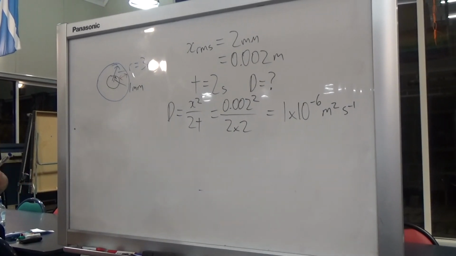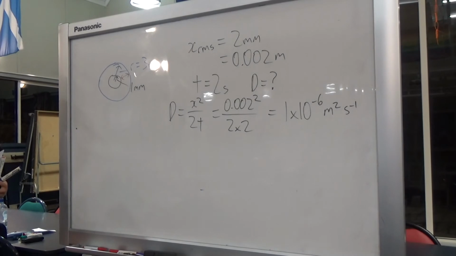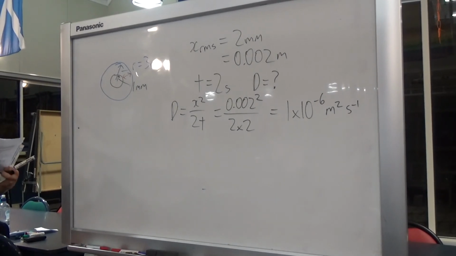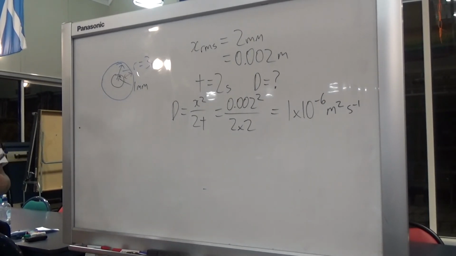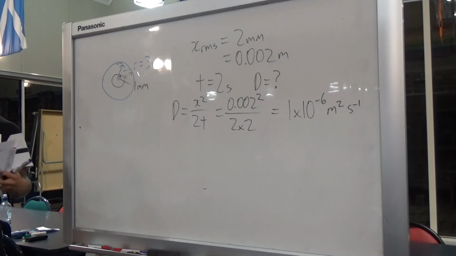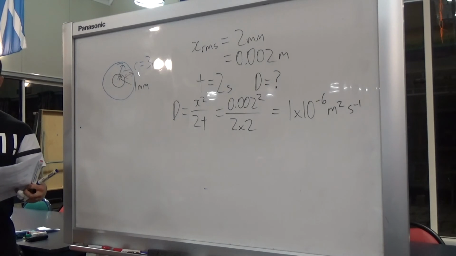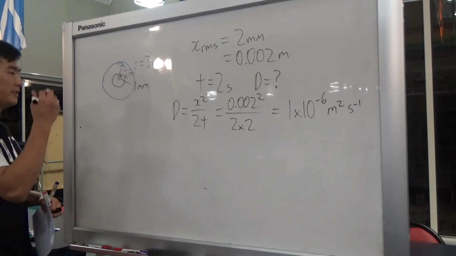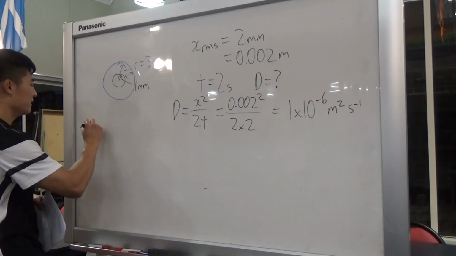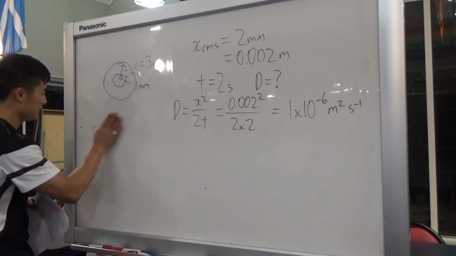Now it's another scenario. So now they're saying how long will it take for the ink to diffuse from a radius of 1 millimeter to 11 millimeters. So the average distance traveled will be from 1 millimeter to 11 millimeters, so that's 10 millimeters. So now I'll just use a different color.